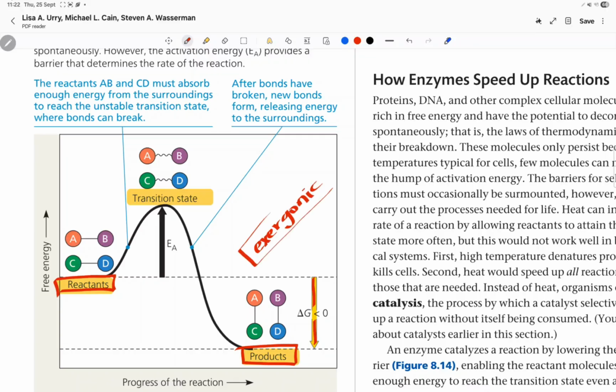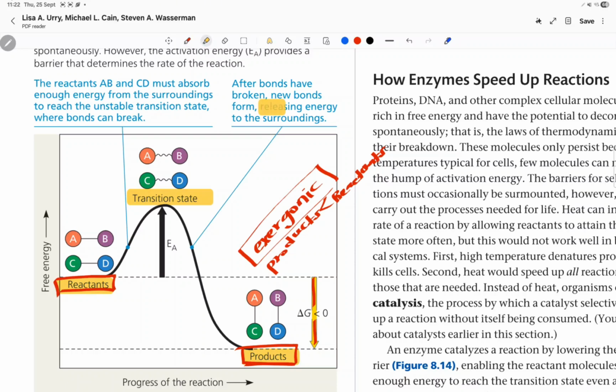So the products have less energy than the reactants. It's like the exothermic and endothermic in chemistry. Same exact thing, but now it's called exergonic.